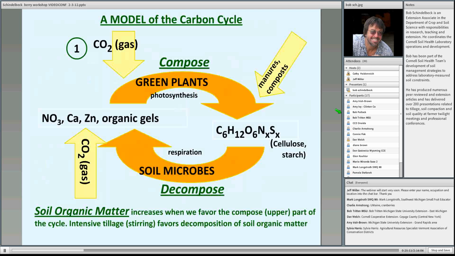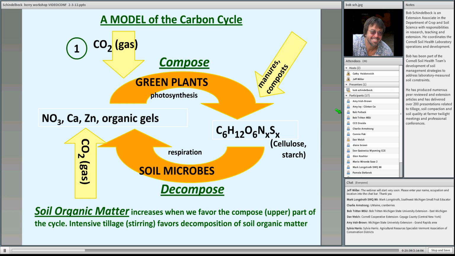And of course, I think we all know the model of the carbon cycle, but I put this up because I really see it as being a balancing act between the top orange arrow and the bottom orange arrow. On the one hand, we're taking carbon dioxide from the atmosphere and composing carbon into sugars, cellulose and starch.